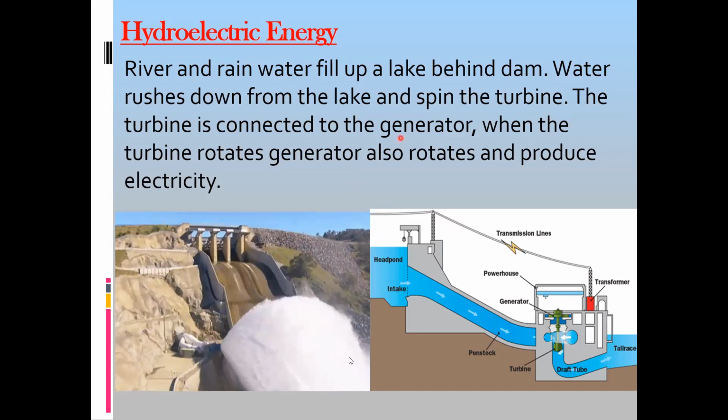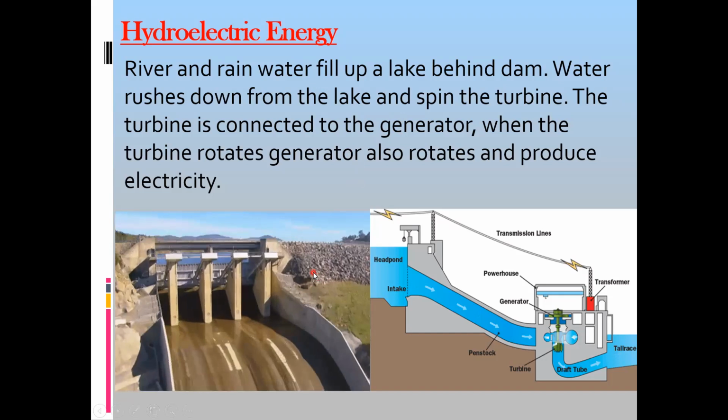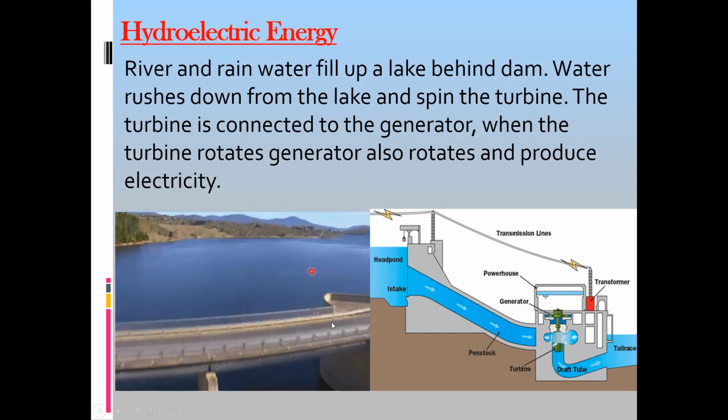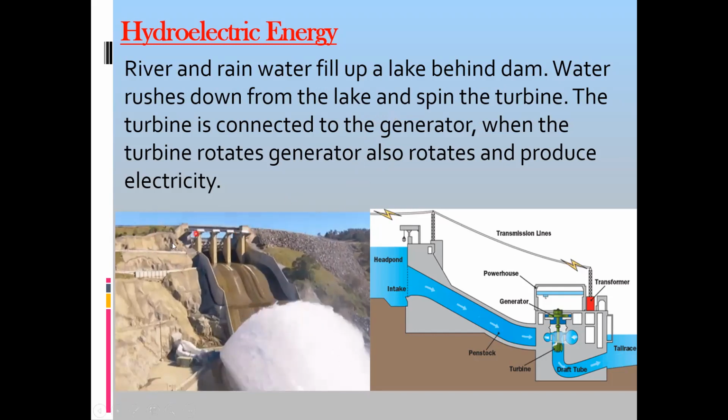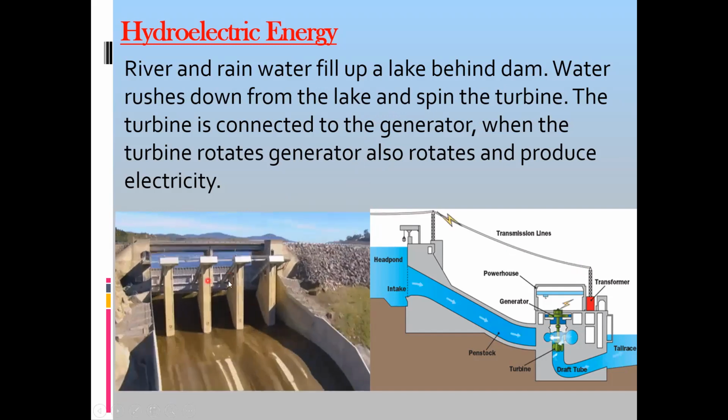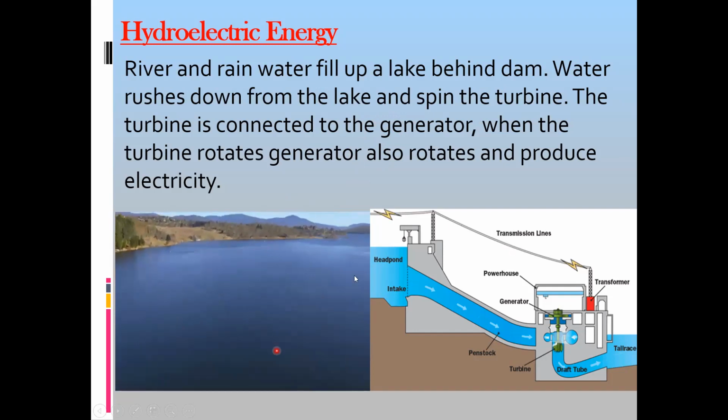Does anyone have a question or a doubt related to hydroelectric? This is what we do, we stop the flow of the river or the lake and we trap this water.